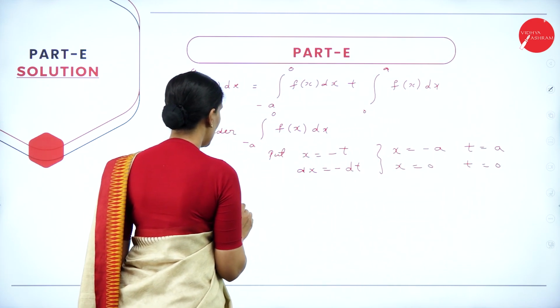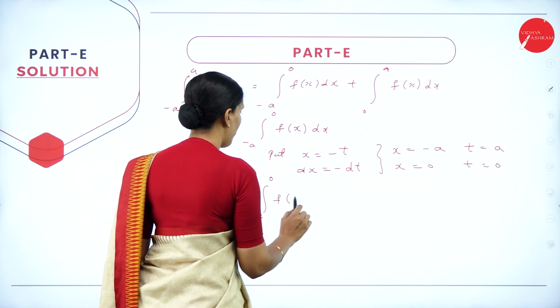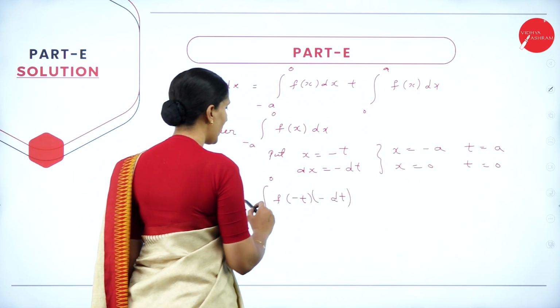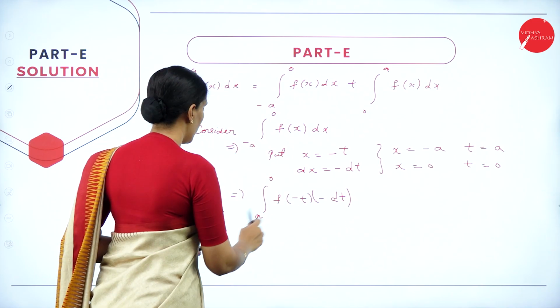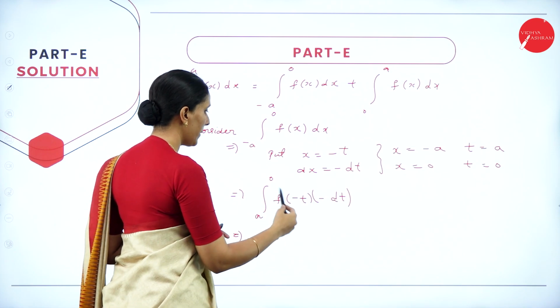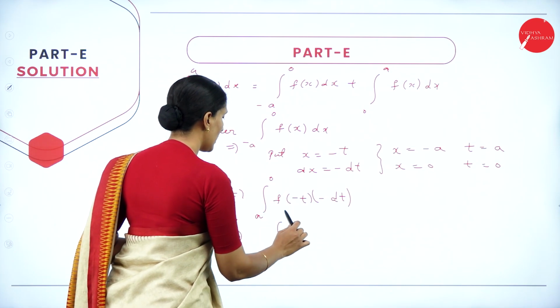So therefore the limits change to a to 0 f of minus t into minus dt. Now since we have a negative inside the integral, we can make it positive by changing the limits from a to 0 to 0 to a.